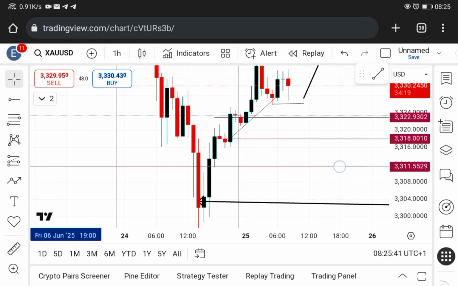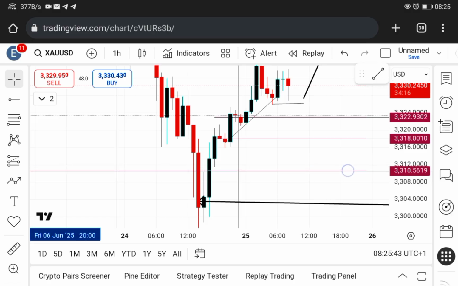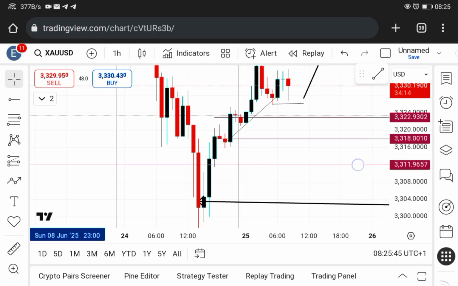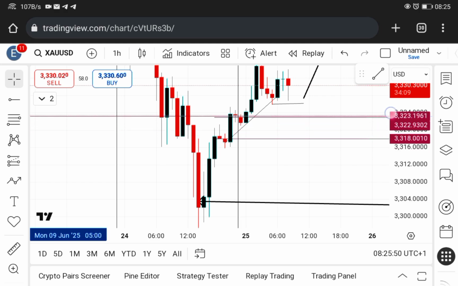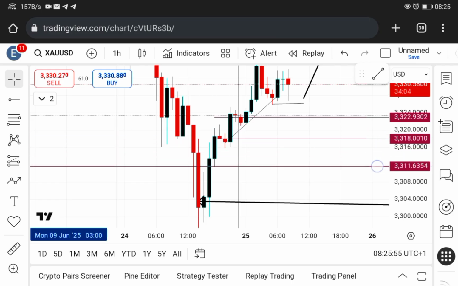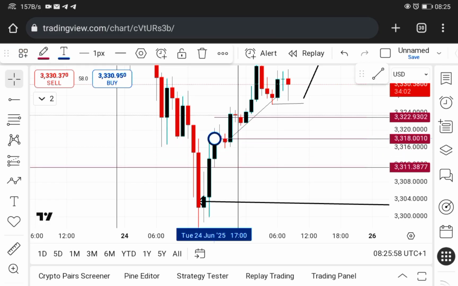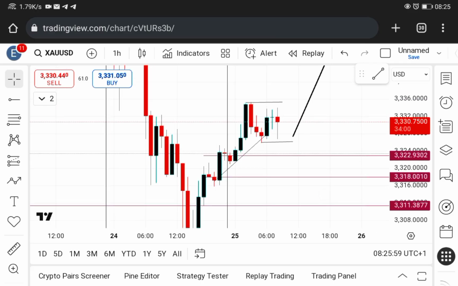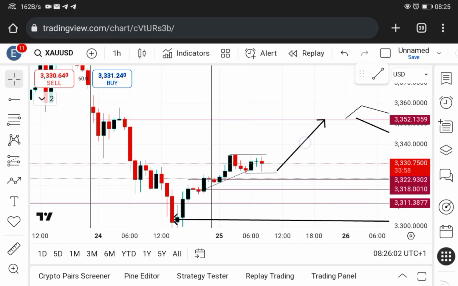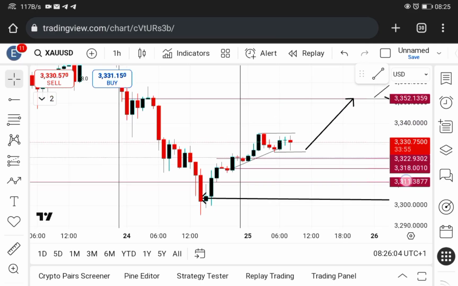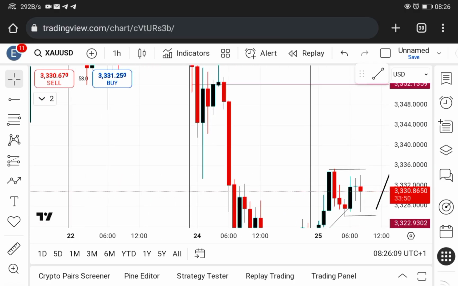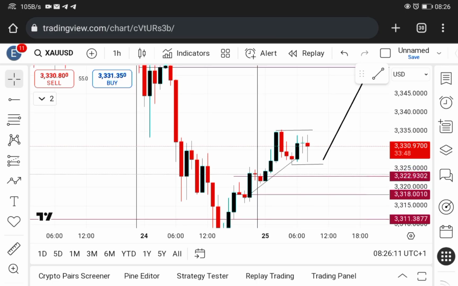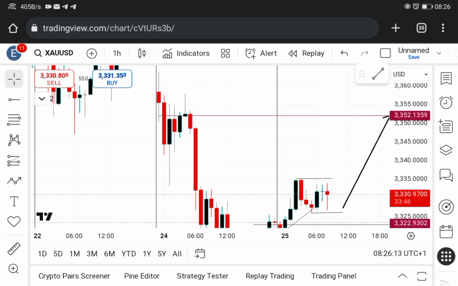We have a lot of imbalance, so I hope the market will just come down, or if it doesn't, then if it goes up to this point, it will sell. This is what happened yesterday. A whole day yesterday I was waiting because I didn't want to make a wrong move.